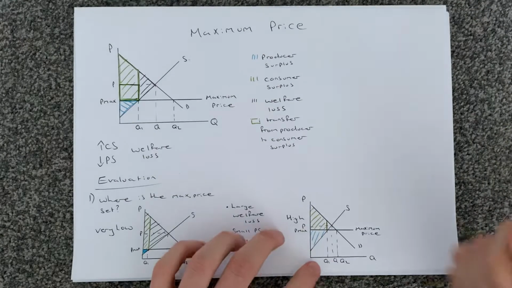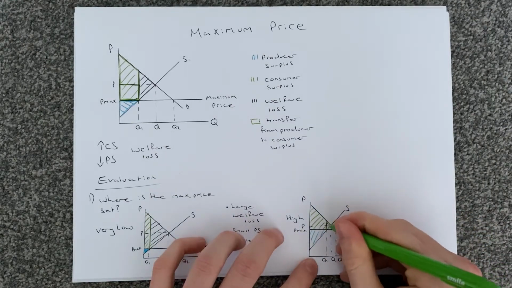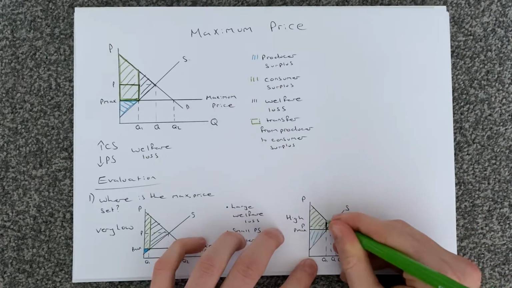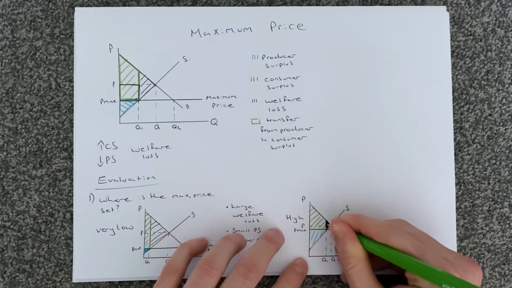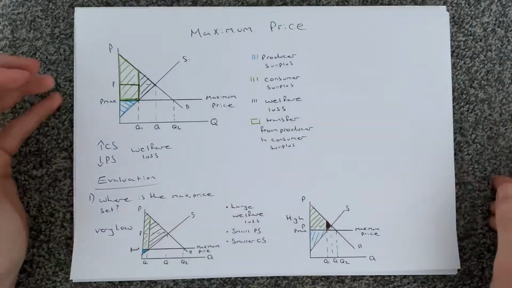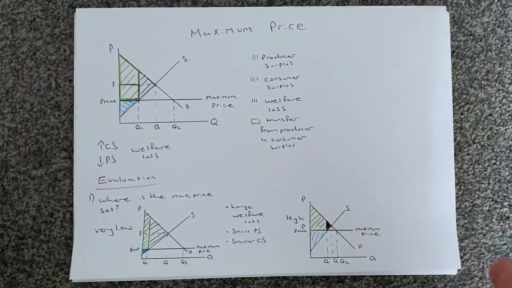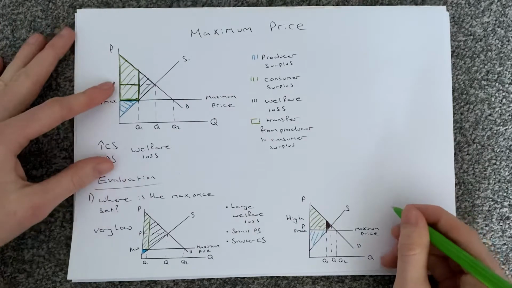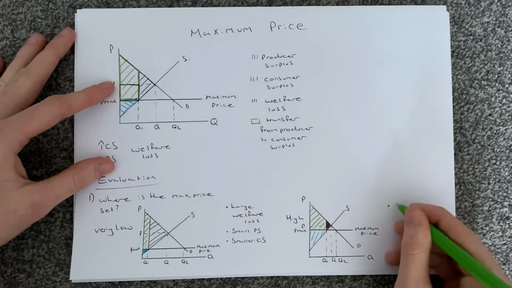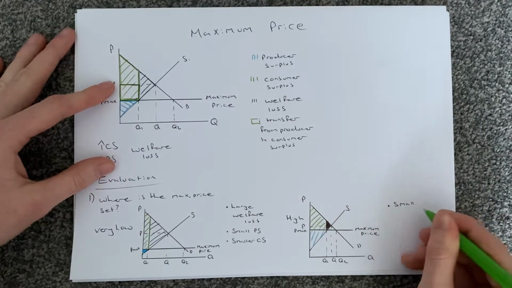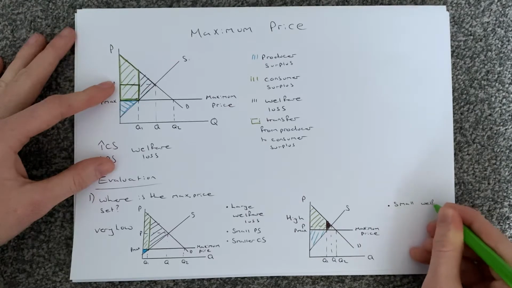And we can highlight the welfare loss with that triangle. We'll colour that in because we can see quite clearly where that is, and it's not particularly big. So when the maximum price is set quite close to the original market equilibrium, there's only a small welfare loss.